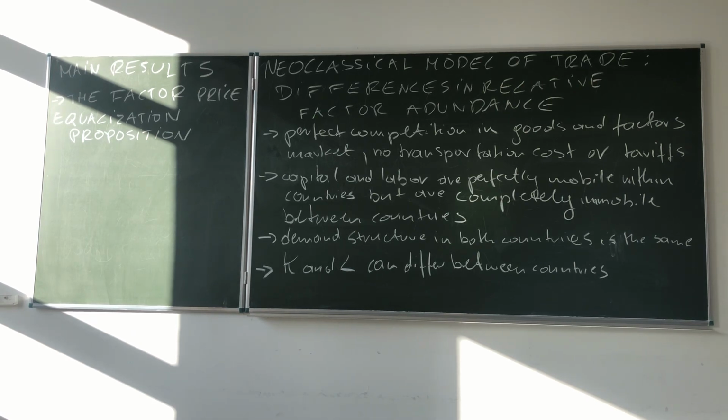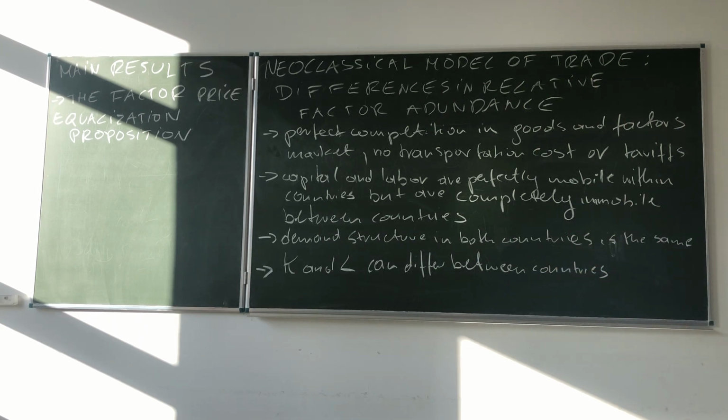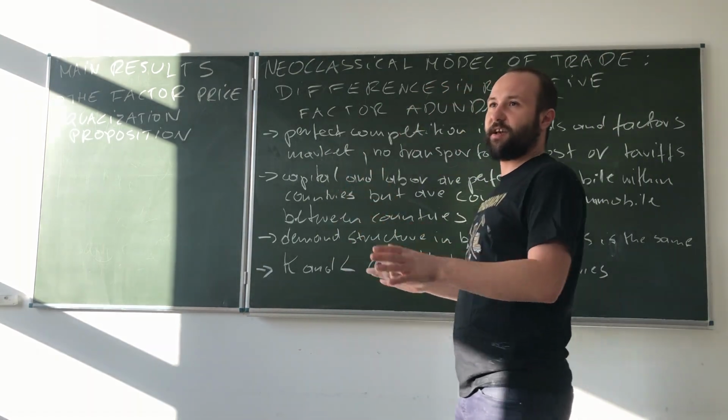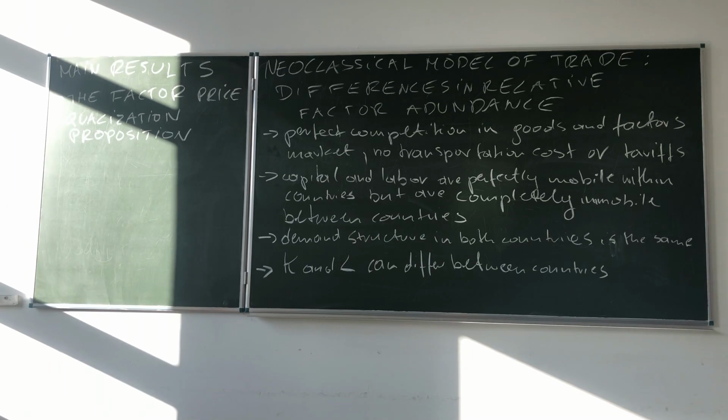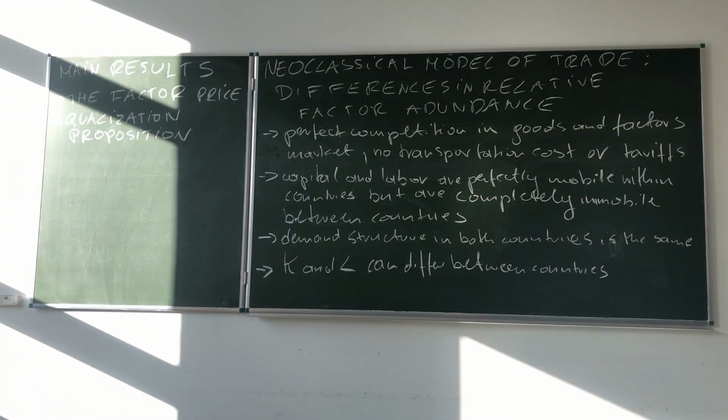This proposition basically states that if we have two countries in autarky that do not trade with each other, they have some factor prices, like wage for labor, rent for capital, and those prices can be, of course, different in those two countries.